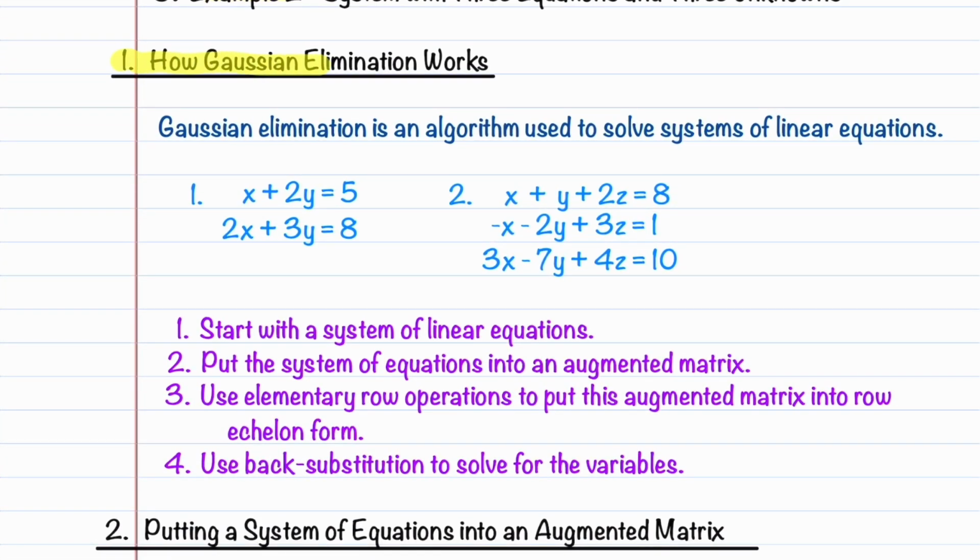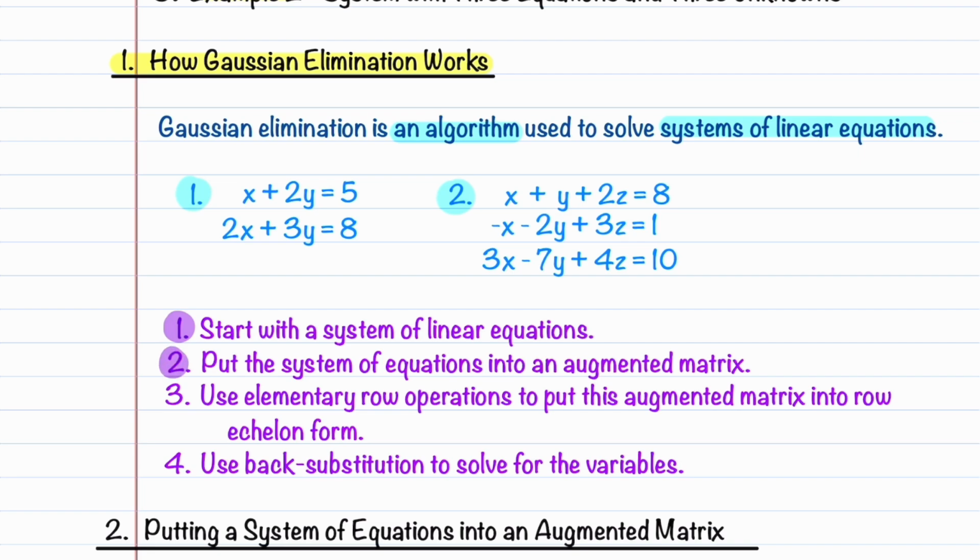Let's begin with a quick overview of how Gaussian elimination works. Gaussian elimination is an algorithm used to solve systems of linear equations. Here's a system that we're going to solve with two equations and two unknowns, and then one with three equations and three unknowns. When you perform Gaussian elimination, you start with a system of linear equations like these two listed here.